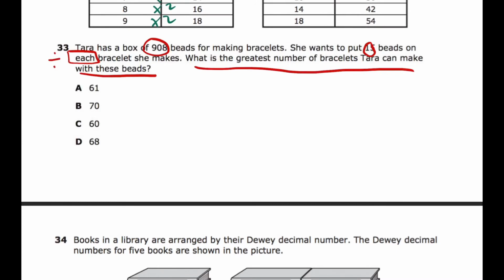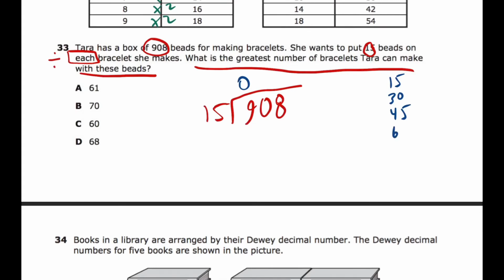So that's going to be division. 908 divided by 15. How many 15s are in 9? 0. How many 15s are in 90? I'm not sure. 15, 30, I'm just skip counting. 45, 60, 75, 90. That's 1, 2, 3, 4, 5, 6. So 6. 15 times 6 is 90.